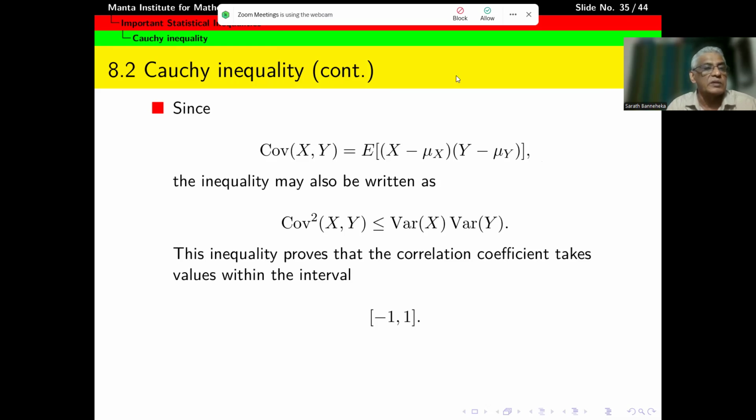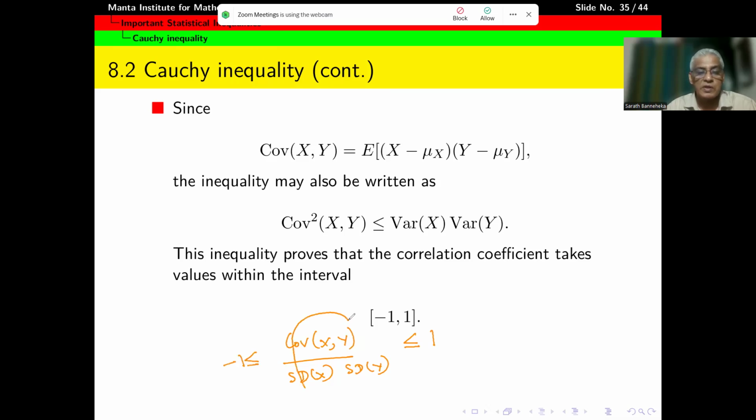So let me write that down to be more clear here. You will have the covariance between x and y divided by the standard deviation of x times the standard deviation of y, right? After taking the square root, it is going to be between -1 and +1.